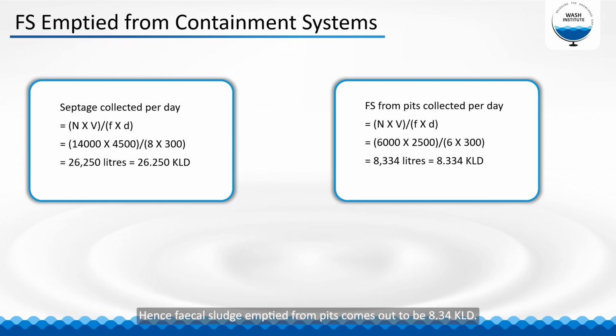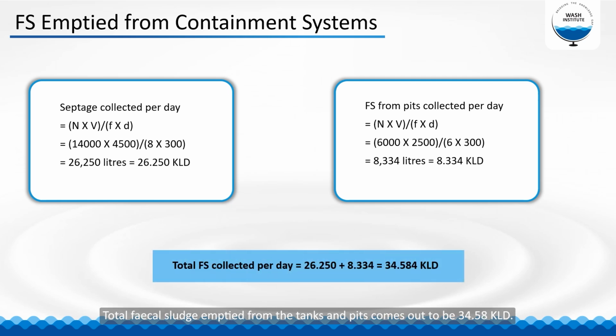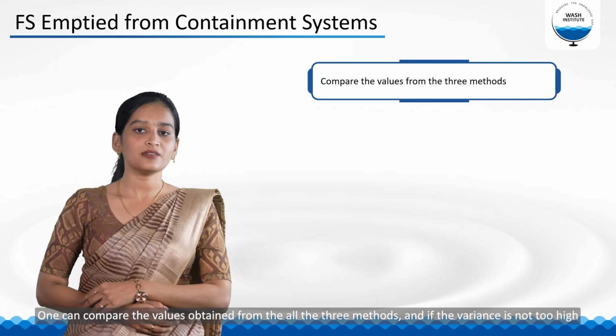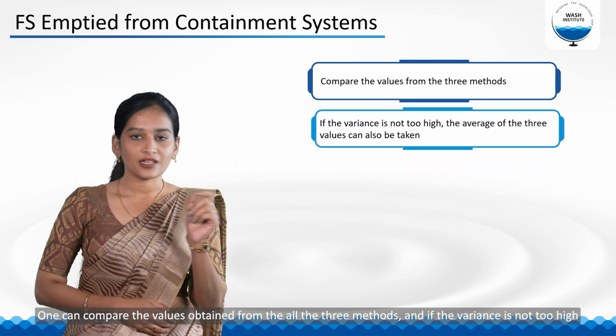Hence, fecal sludge emptied from pits comes out to be 8.34 KLD. Total fecal sludge emptied from the tanks and pits comes out to be 34.58 KLD.